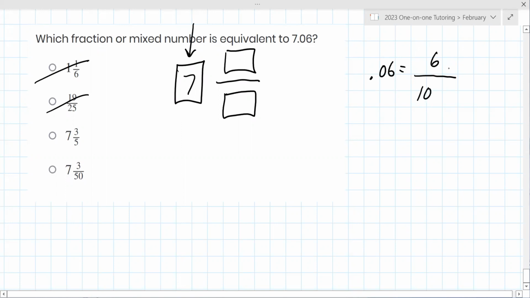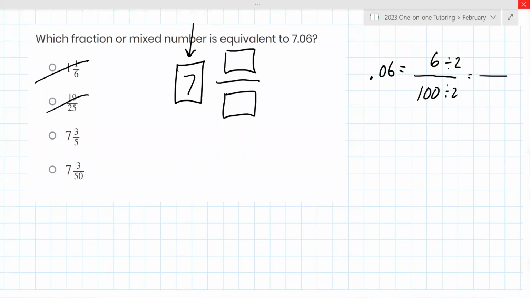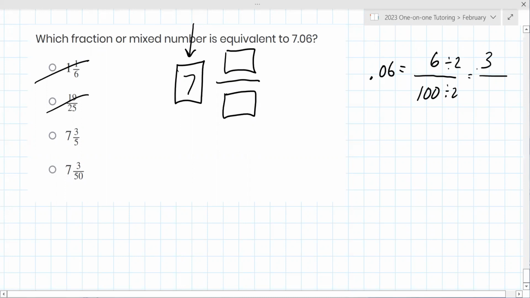Now, can you divide each of these by 2? Yeah. What is 6 divided by 2? 3. What is 100 divided by 2? 50. Very good. So it's 3/50.